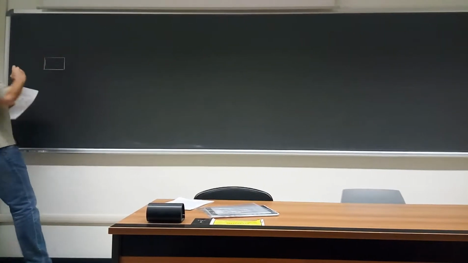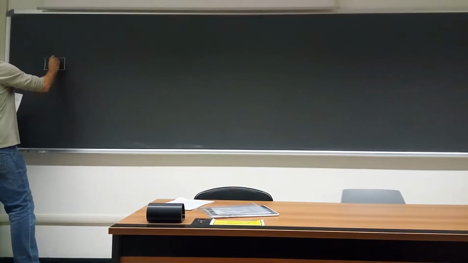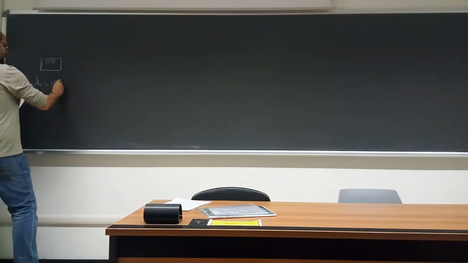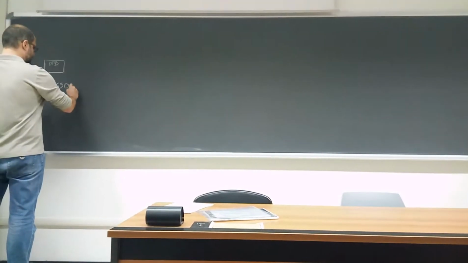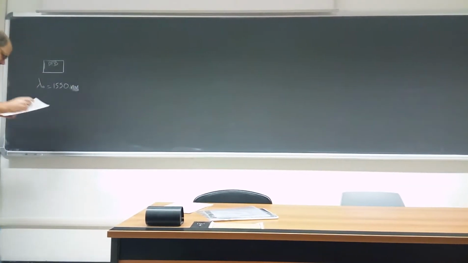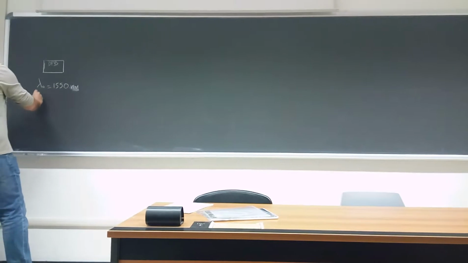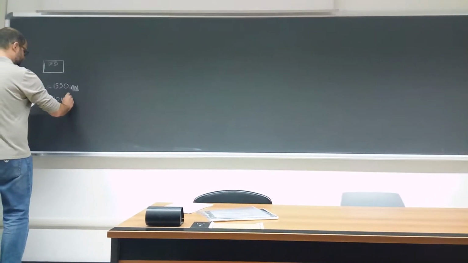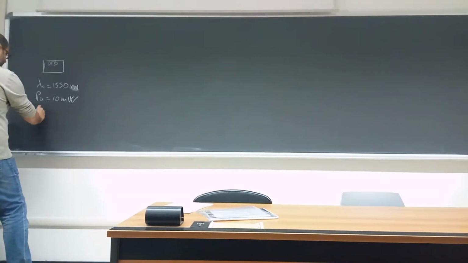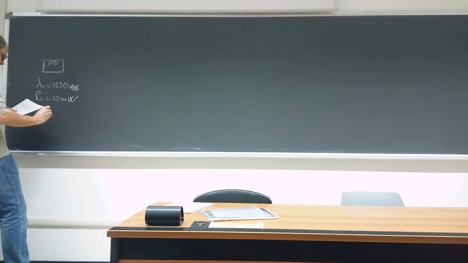The only different thing with respect to what you have seen is that we use a diode laser, a DFB laser, distributed feedback, the DFB stands for that, that emits with a wavelength of 1500 nanometer, with an emitted power of 10 milliwatt, and with a line width of 300 kilohertz.